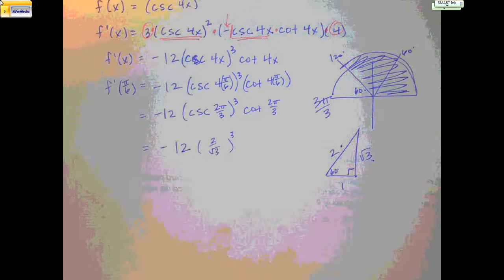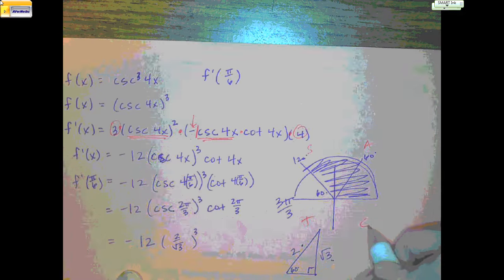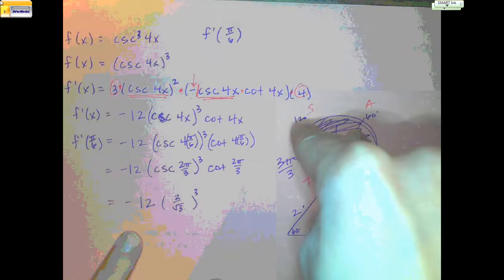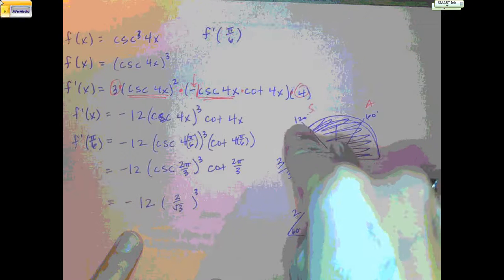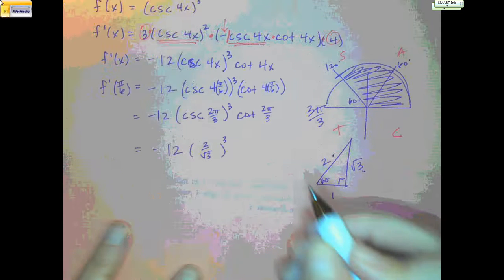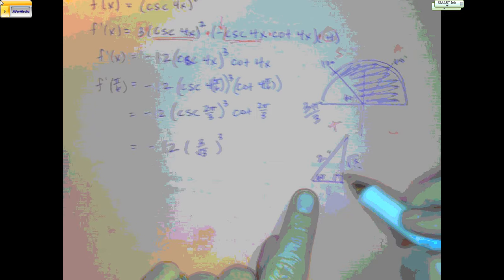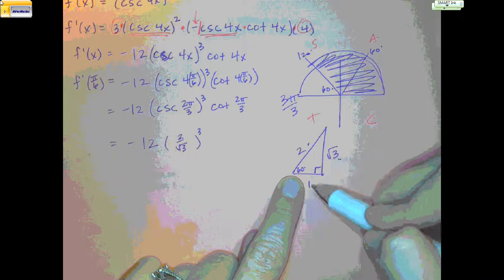But, remember this? All students take calculus. So is cosecant positive or negative in this quadrant? Positive, just make sure you know that. It wasn't going to catch you this time, but it might on a test or something. Cotangent of 2 pi over 3. Well, we've already kind of got it drawn out. Tangent is opposite over adjacent, so it's got to be adjacent over opposite.